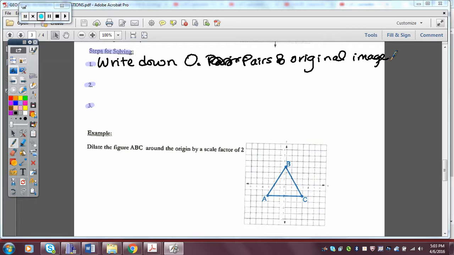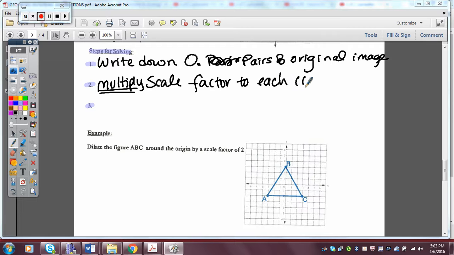Okay. Multiply scale factor to each coordinate. Third step, plot new points.